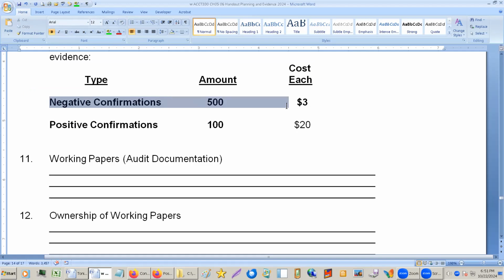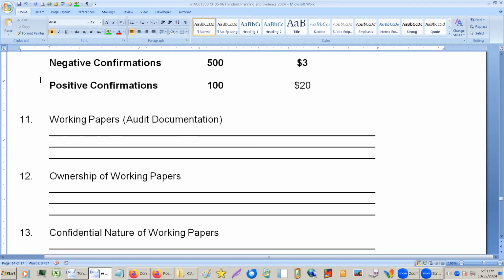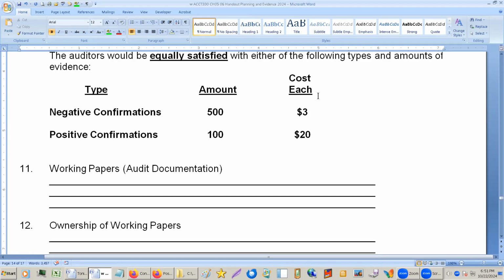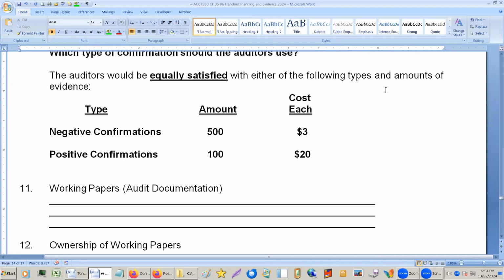So if we had 500 negative confirmations that cost us $3 each, we would be happy with that. Now, positive confirmations are better, so we need fewer of those to be just as happy, but they cost more. Which type of evidence will we probably end up using if we're equally happy with either of these?